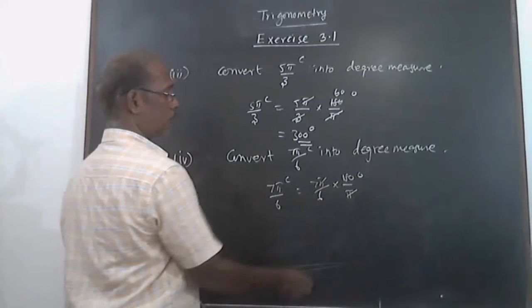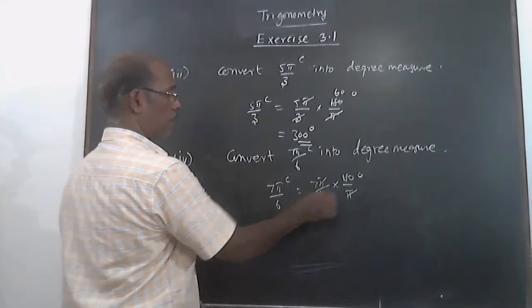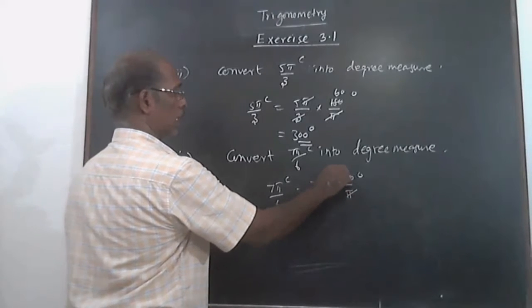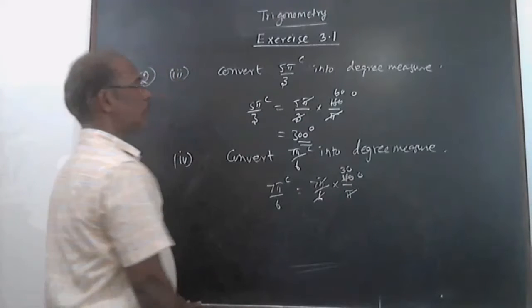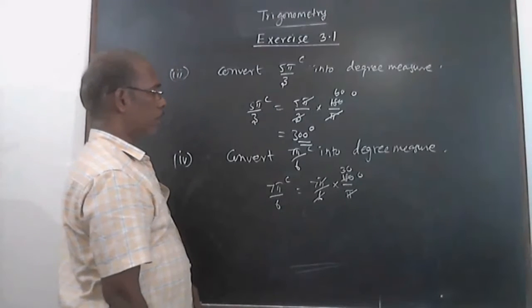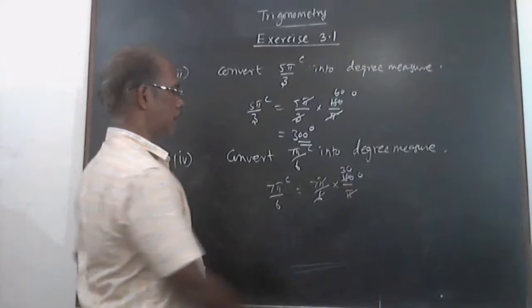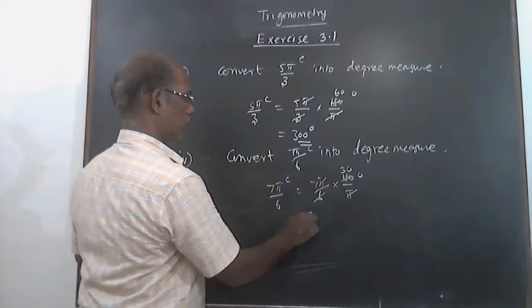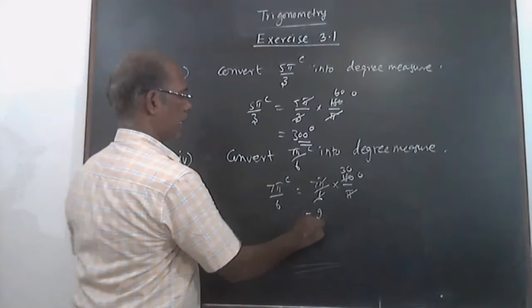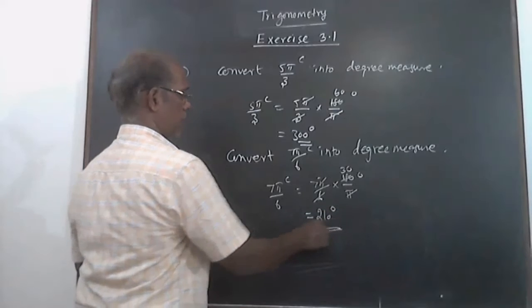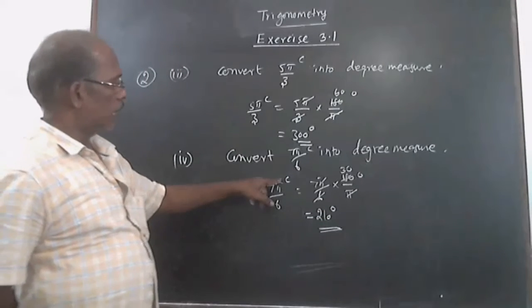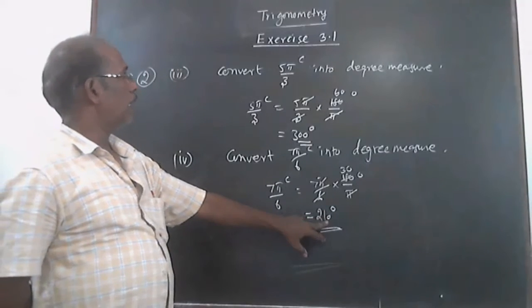Pi and pi cancel. 180 by 6 is 30. 7 times 30, 210 degree. 7 pi by 6 radian, 210 degree.